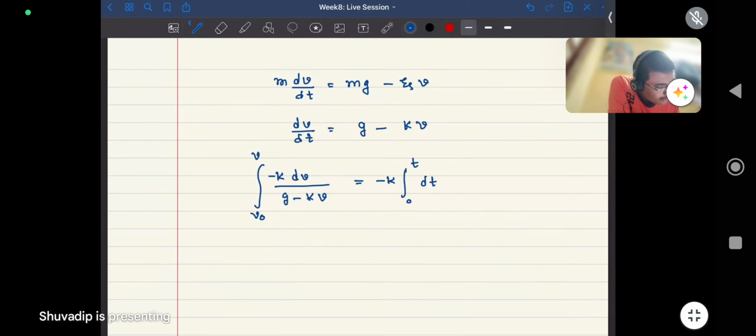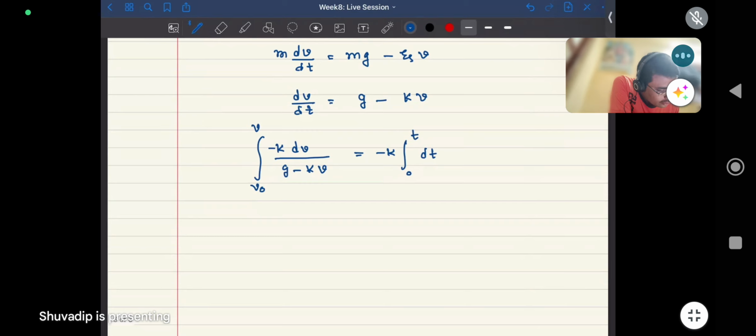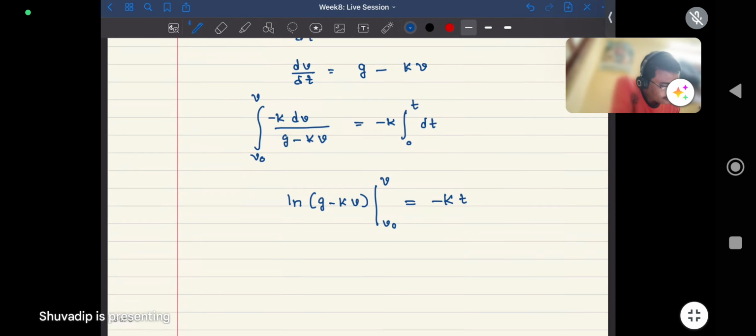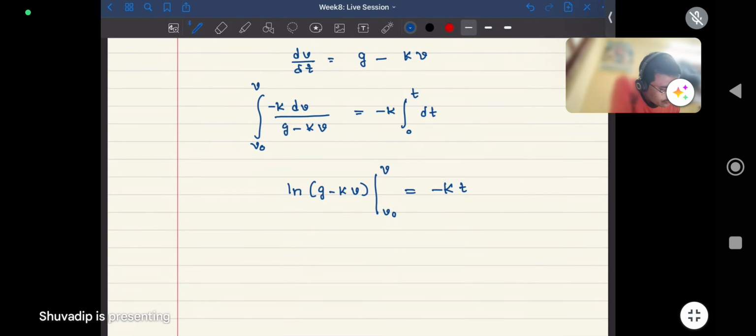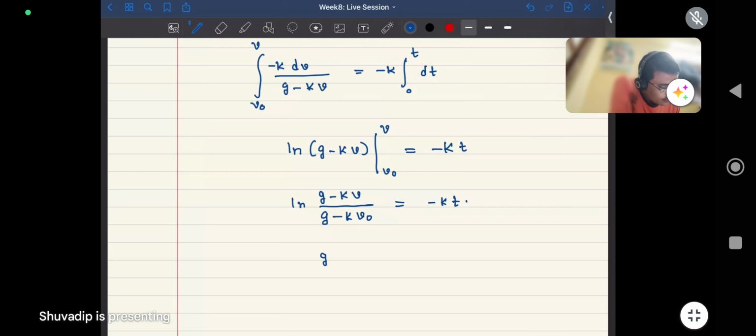This side will be a logarithmic function again, log of g minus kv with integration limit v0 to v, and this side will be minus kt. Now if I put in the limits, it will be ln of g minus kv by g minus kv0, which is equal to minus kt, and again g minus kv by g minus kv0 will be e to the power minus kt.